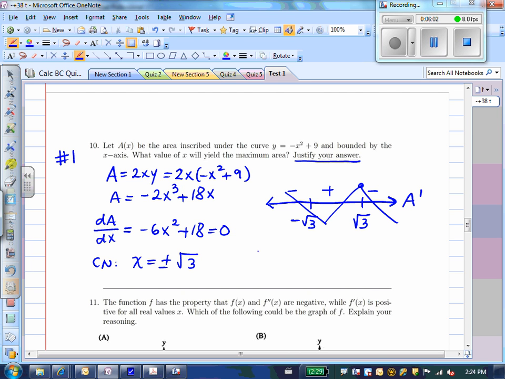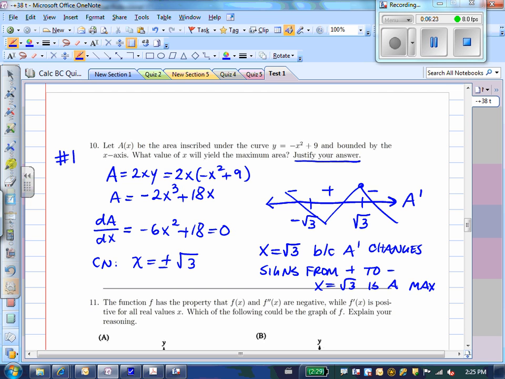When you justify that the answer is x equals √3, it's because f prime changes signs from positive to negative. That's why you know x equals √3 is a max. It's not enough to just say that it's the only positive case, because that's not fully justified to a mathematician or to the AP people.